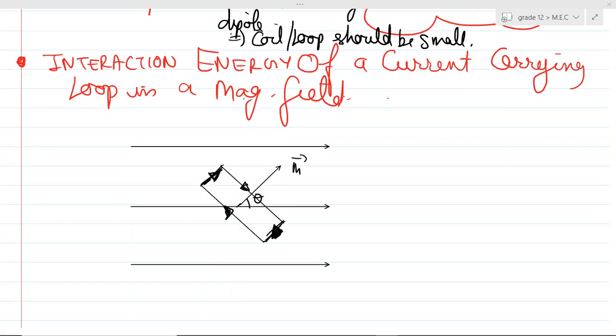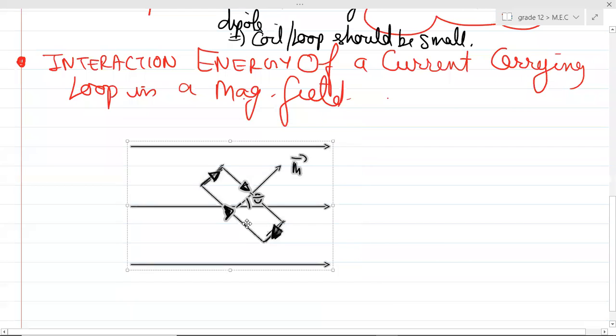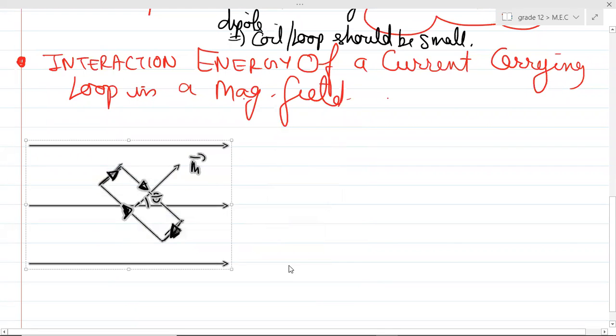So this is your magnetic moment, and can you see, guys, initially? Everybody is able to see the initial case where the angle is theta, right? Now, basically, what am I doing?